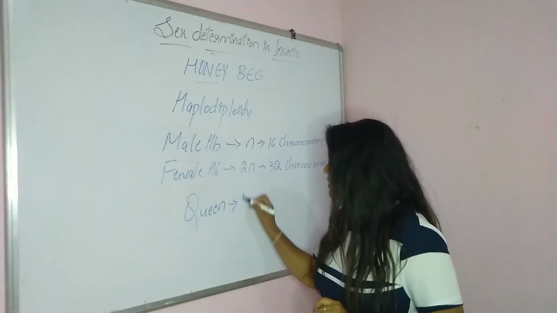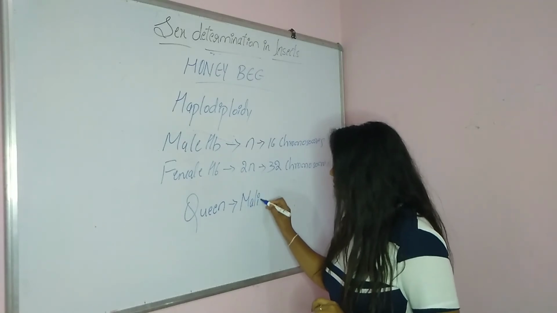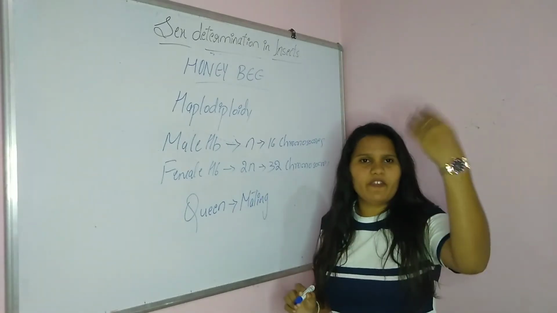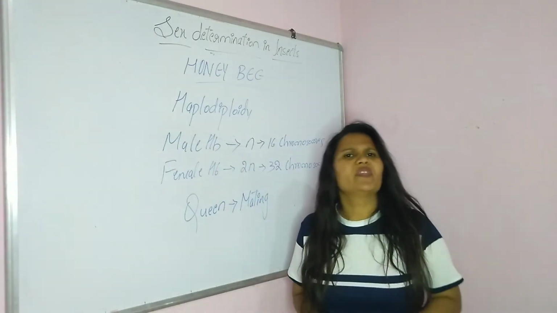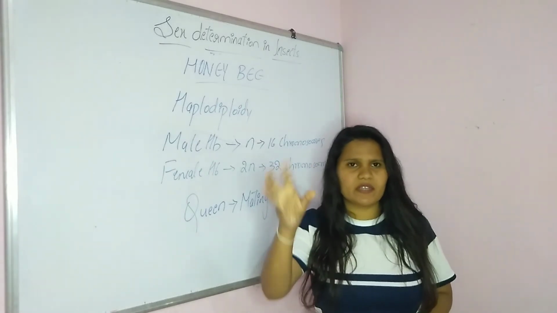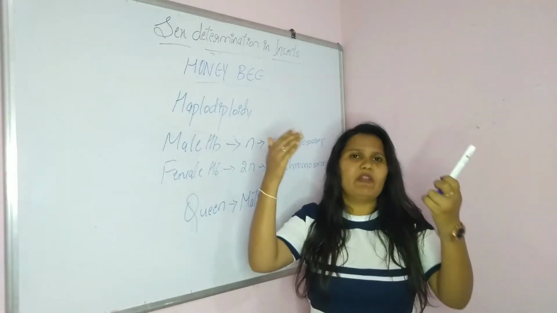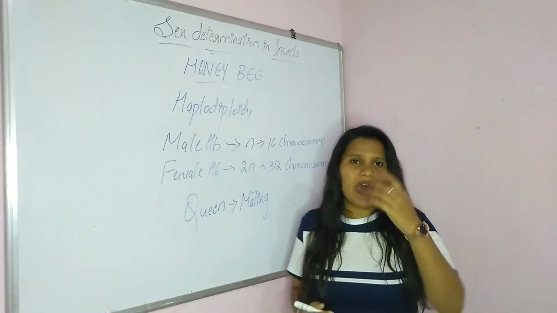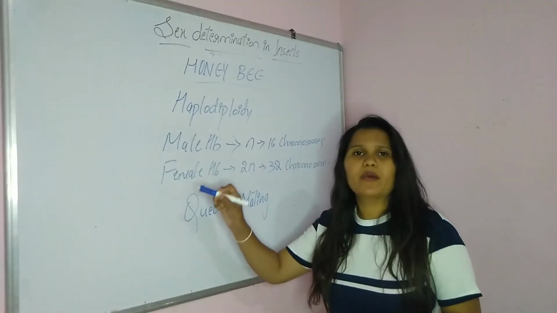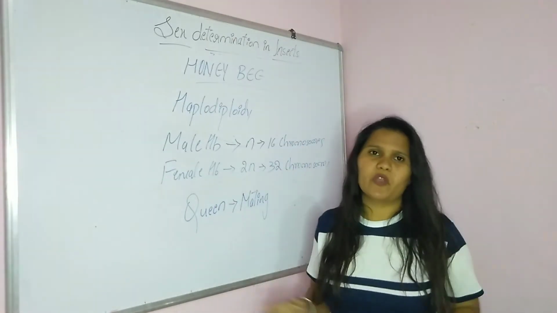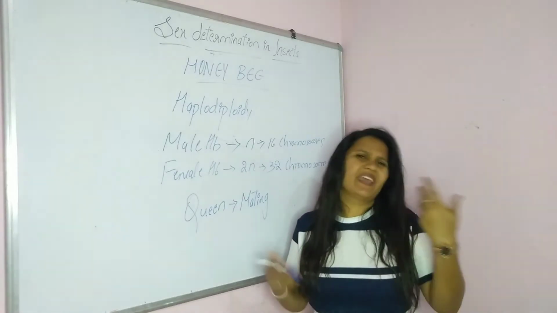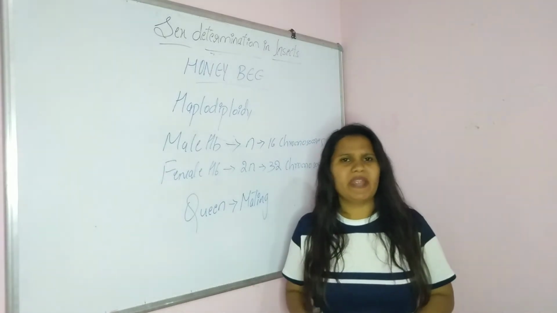So the mating will be done in the air, right? When she flies, this queen flies, the workers or the males, whoever present in the bees, they will fly and they will mate in the air, right? After that, again this queen will come to her house, that is the bee. Later, the males will get died soon after the mating.